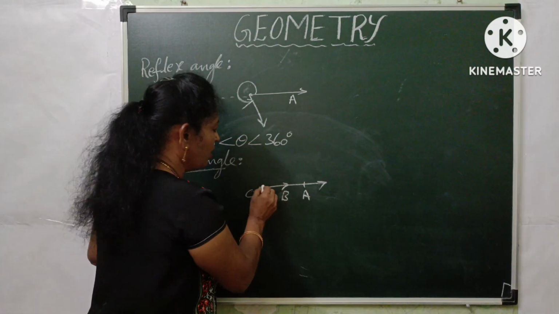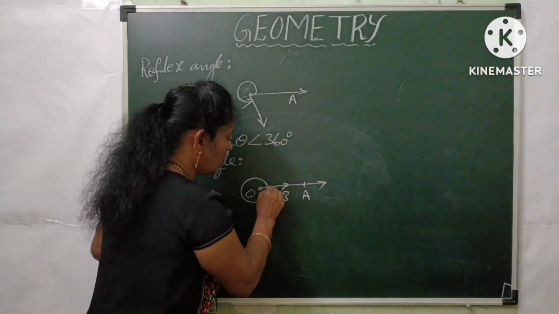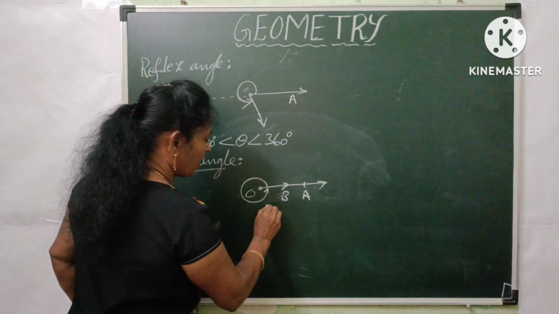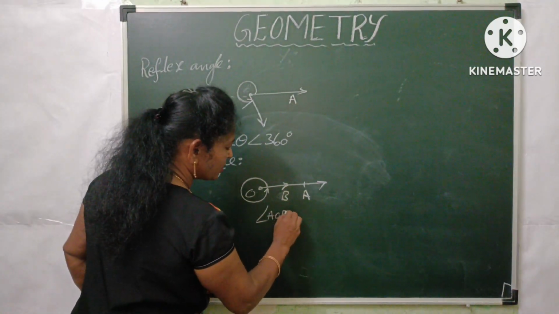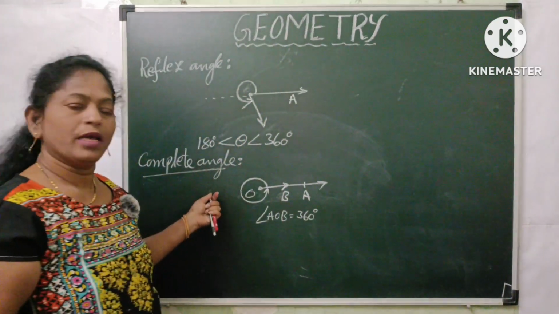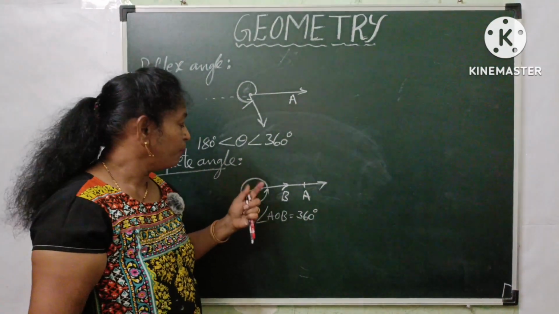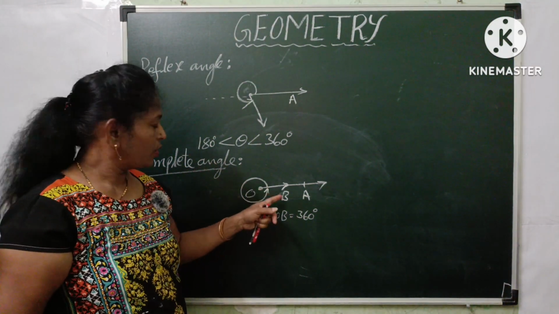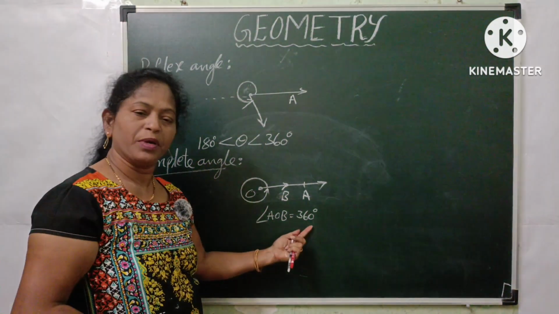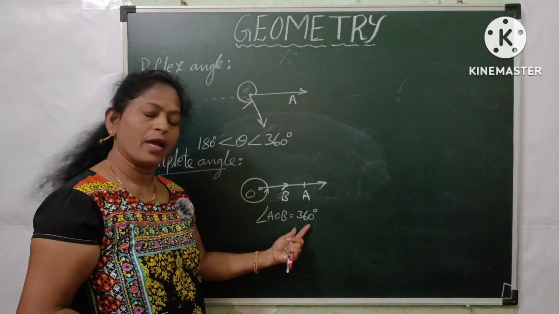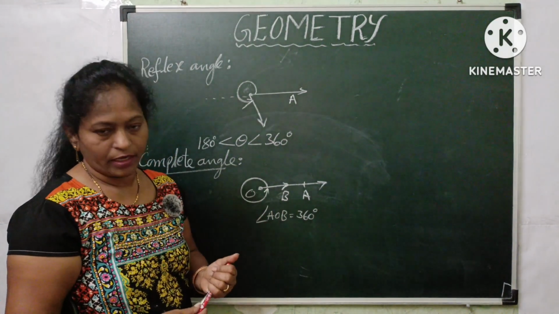Both coincide when it completes the rotation, then it is called a complete angle. Here angle AOB is equal to 360 degrees. Complete angle means exactly one complete rotation, and the measure of the complete angle is 360 degrees.